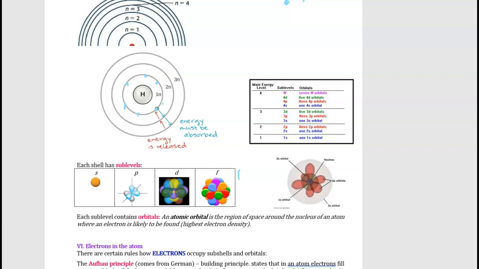So S electrons, which are on subshell S, are likely to be found at an equal distance from the nucleus, which is spherical, right? P electrons, which are on sublevels P, occupy very strange orbitals.